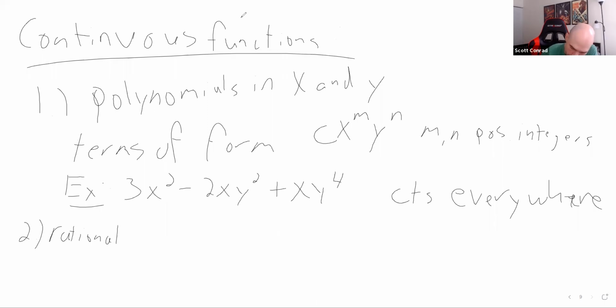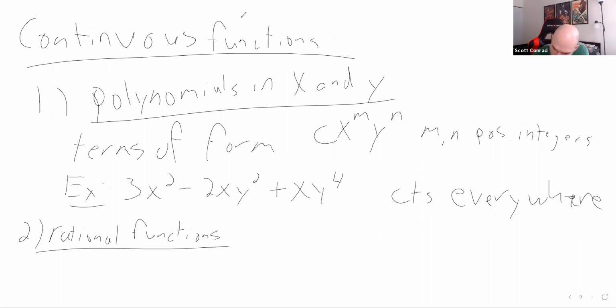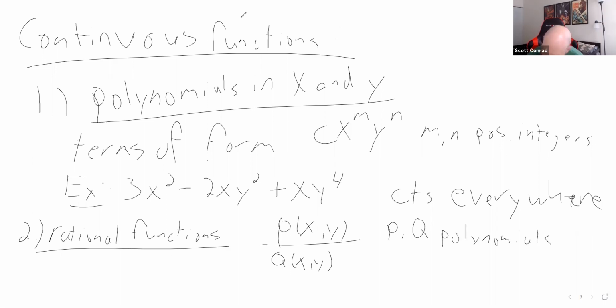Rational functions are continuous. So rational functions are going to be a polynomial divided by a polynomial. So rational functions are continuous where the denominator's not 0.